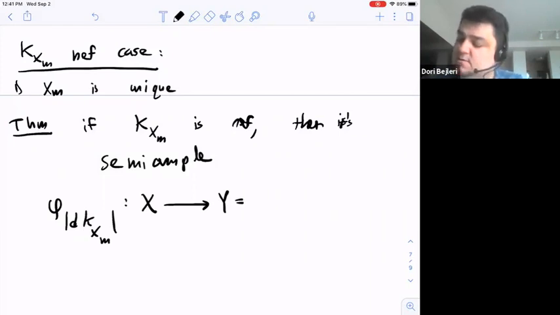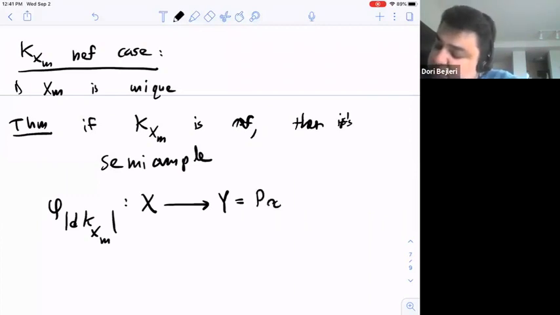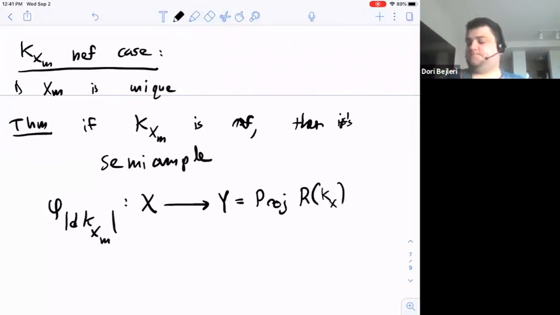And part of this theorem, I guess, is that this Y, not only does it exist and not only is it equipped with an actual morphism, but because this is the morphism induced by the canonical divisor, then actually Y is proj of this canonical ring.